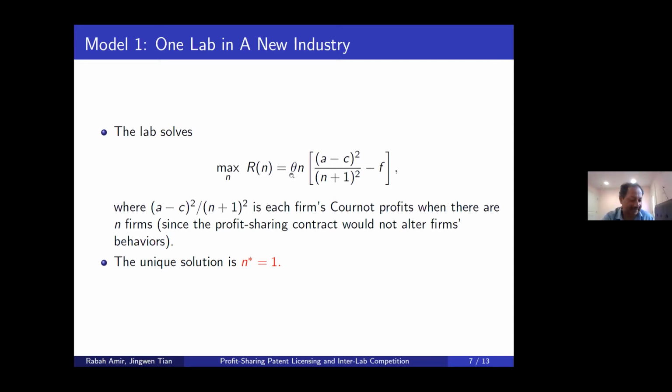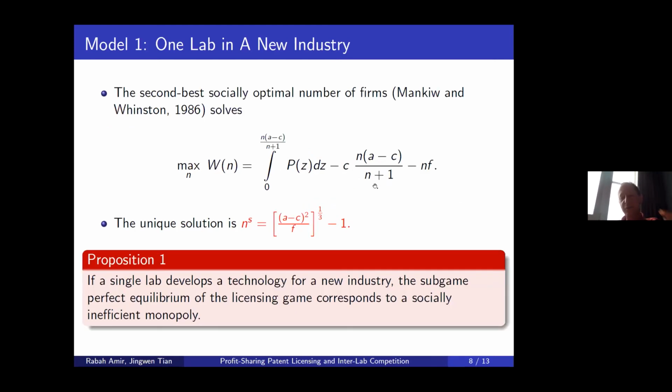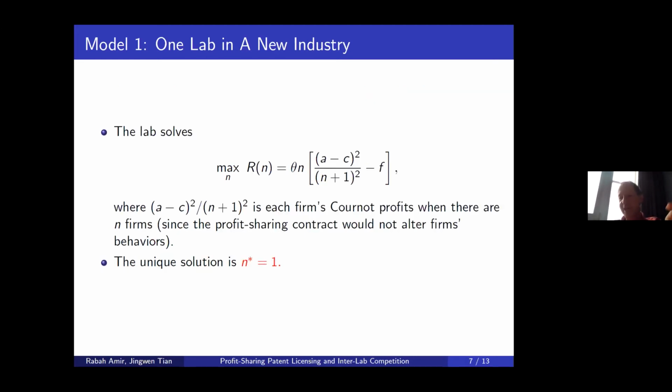Exactly. Who is collecting the fixed costs in the model? Nobody. The fixed costs are collected by some industry outside the model. Think of F as the firm having to send some engineers to be trained, and that's their travel cost. It doesn't go to the lab.